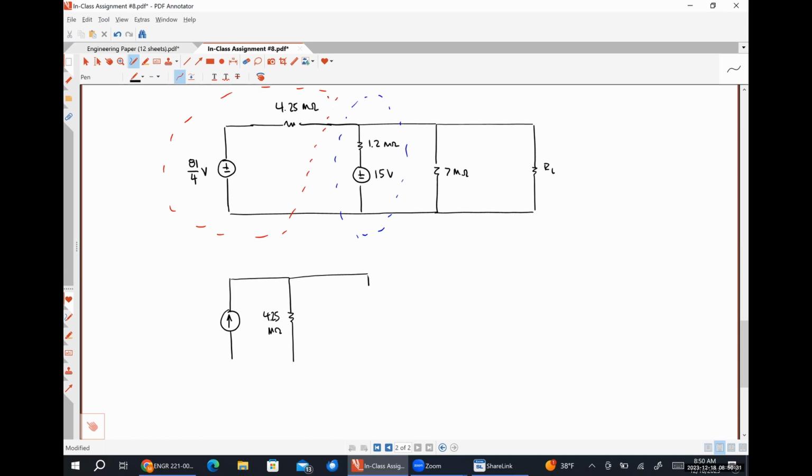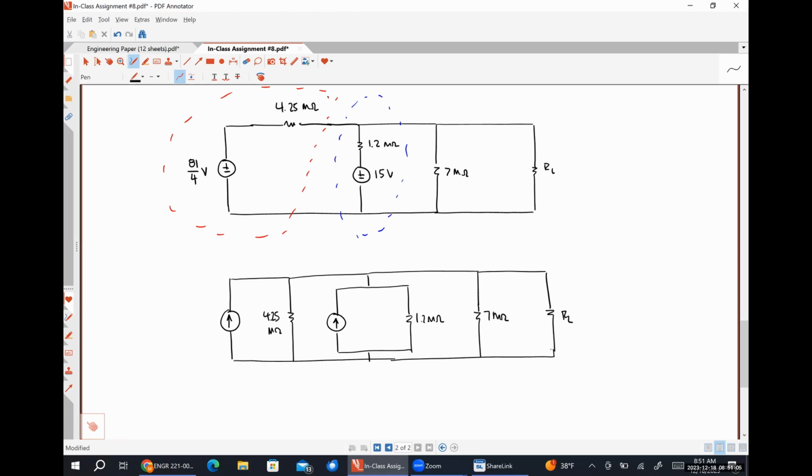And then I'm going to have the 1.2 megaohms, or excuse me, 15 volts divided by 1.2 megaohms. So that's going to be a current source in the up direction. We'll sort out what number it has in a moment. In parallel with 1.2 megaohms. This is in parallel 7. And then over here is our load resistance RL, like so.